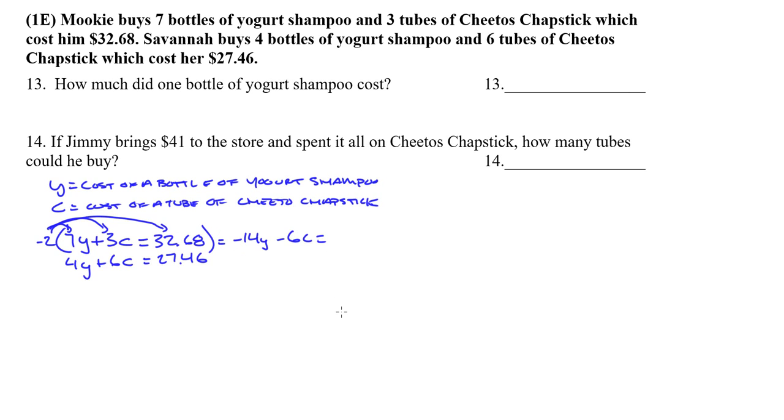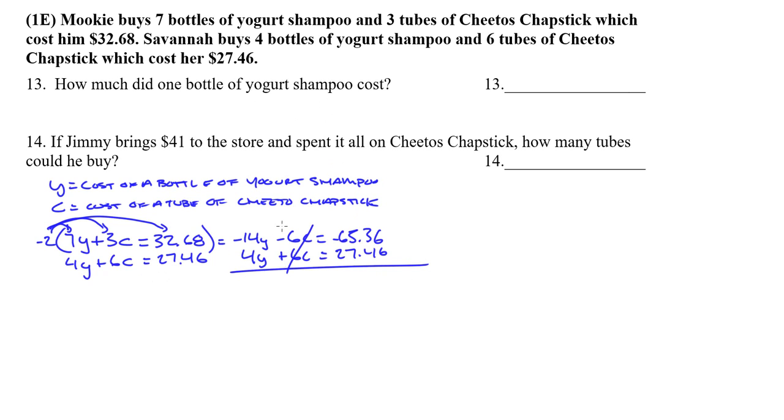And then I'm getting a calculator for this one here. 32.68 times -2 gives us -65.36. All right, and then I'm just going to move this other one over because I don't have to change anything in that. 4y plus 6c equals 27.46.